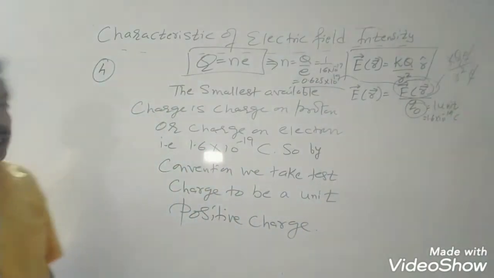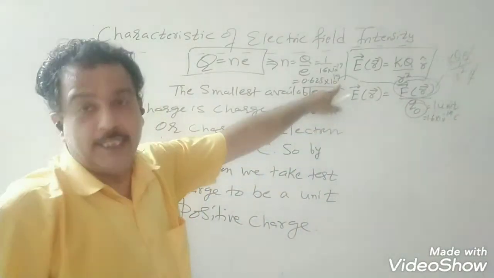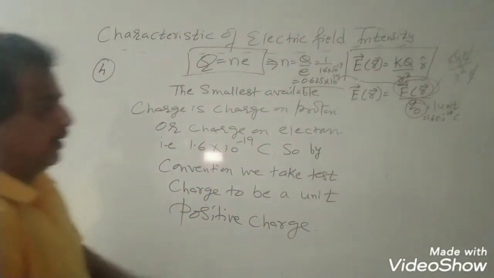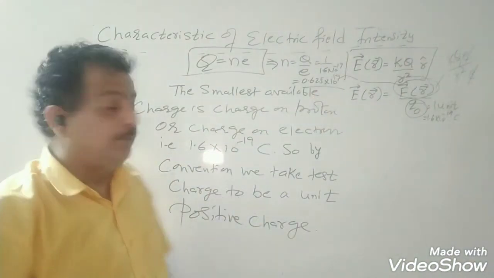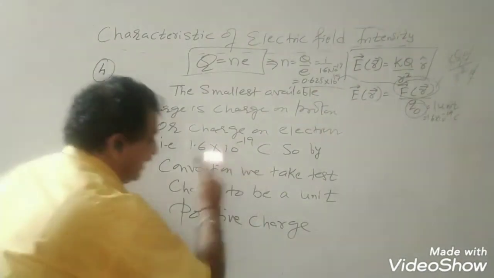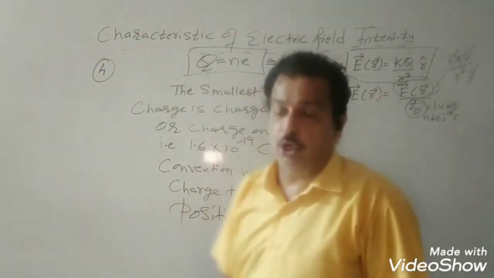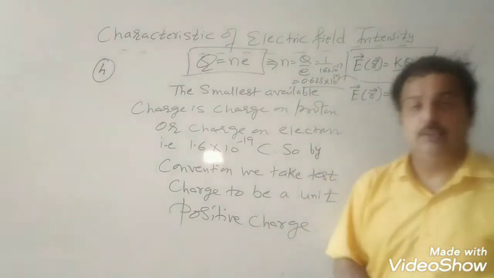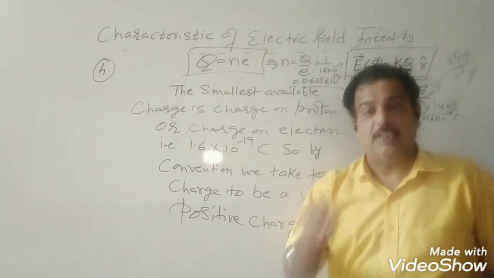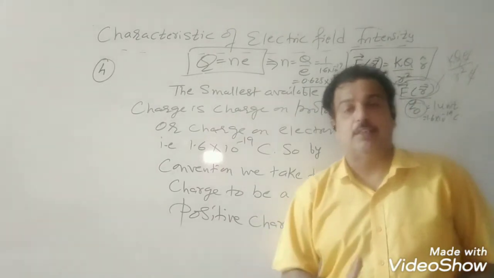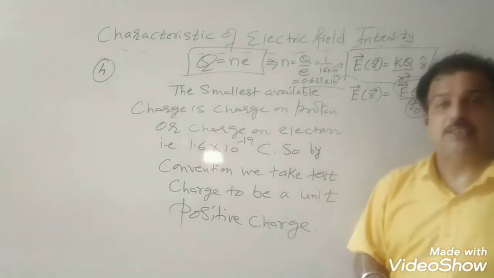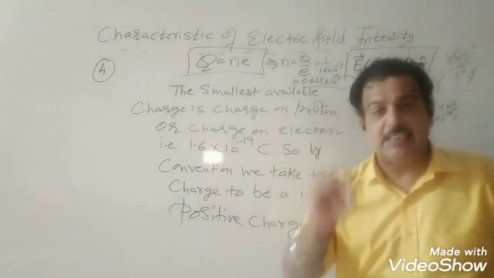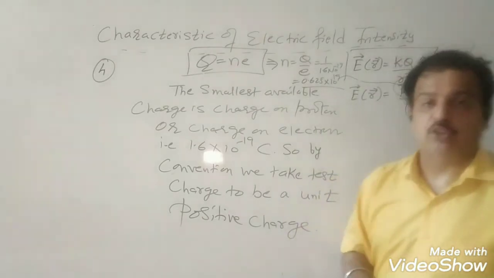So 1 coulomb consists of about 10 raised to 19 positive charges or 10 raised to 19 negative charges, which is a very large number. So if my source charge is 1 coulomb, in comparison to that, my test charge is negligibly small. So it will not change the original configuration of the source charge. So in order that the original system or configuration does not change, we should take the test charge as small as possible, and this test charge should be the charge on a proton.